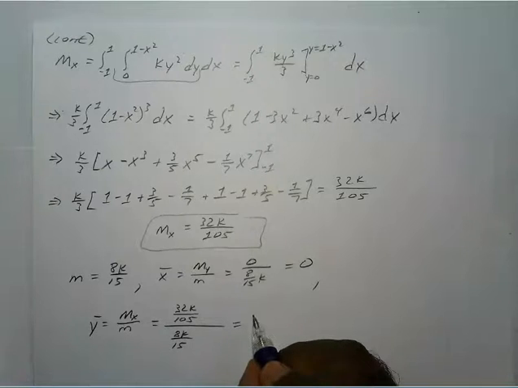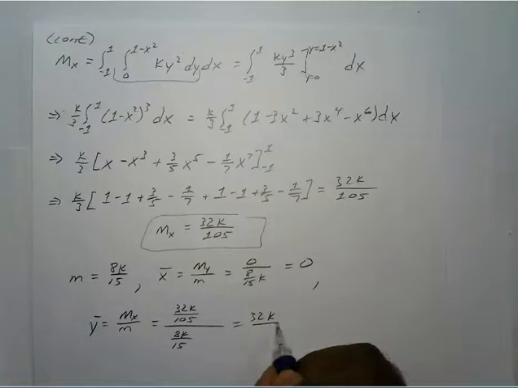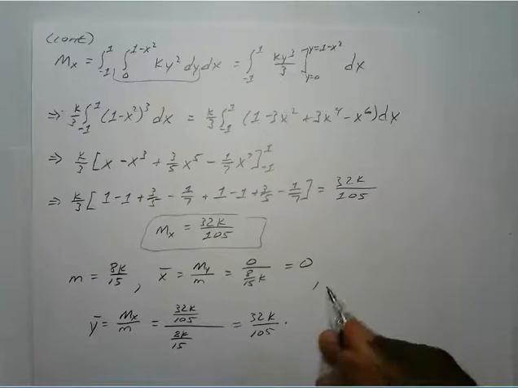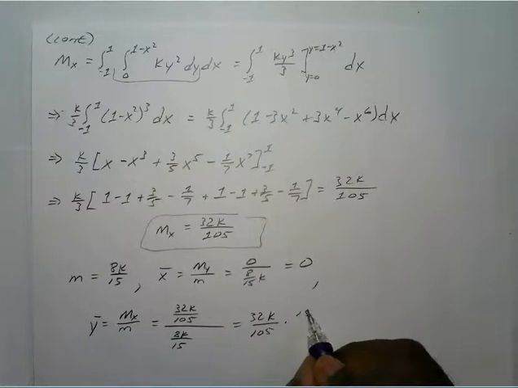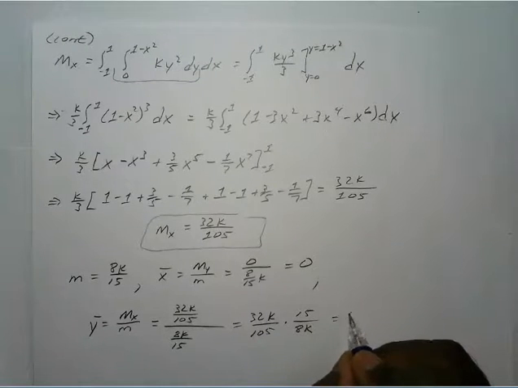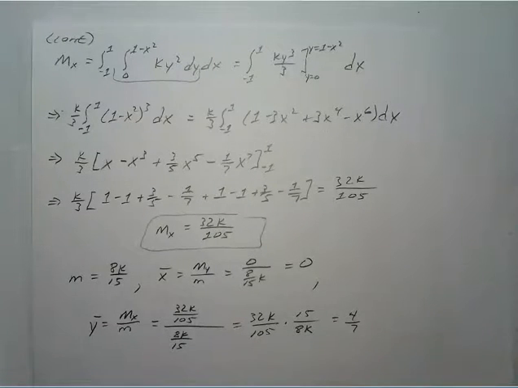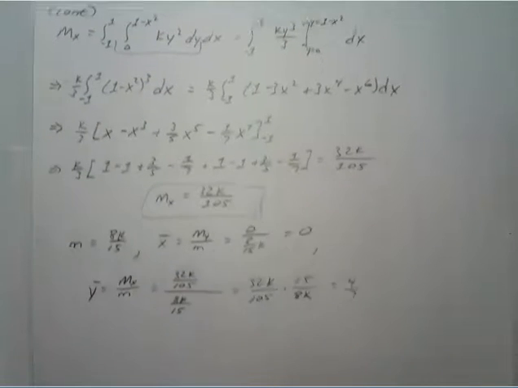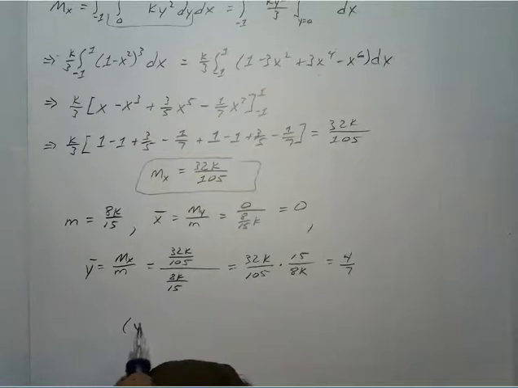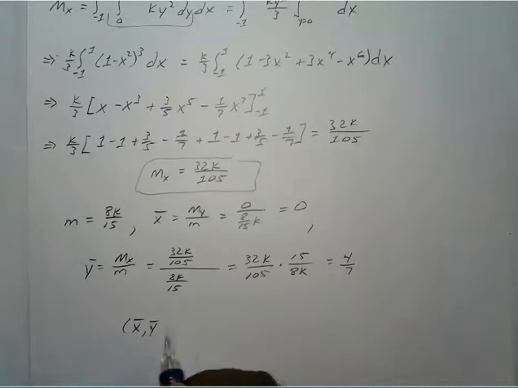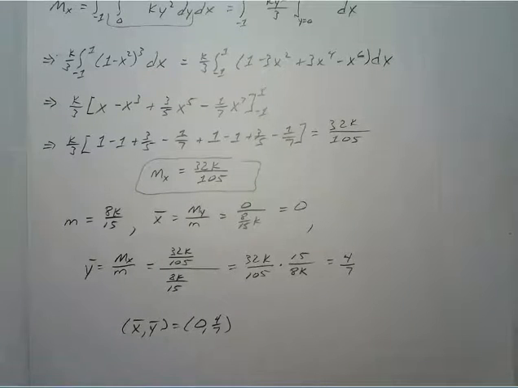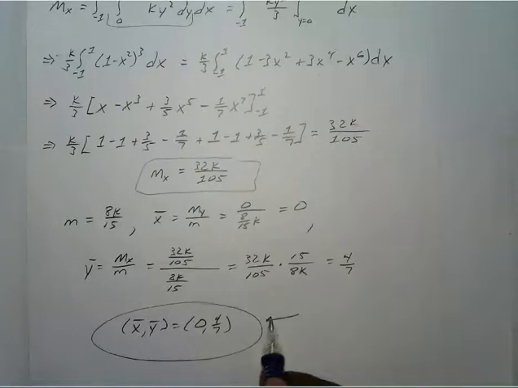Or you can just write that out as 32k divided by 105 times the reciprocal of that, which is 15 over 8k, which is 4 over 7. Okay, so now we know that our x bar, y bar is equal to the coordinates 0, 4 over 7. Okay, so we have our center of mass.